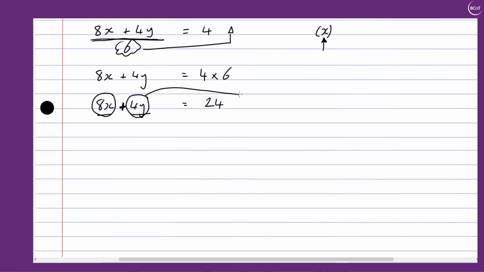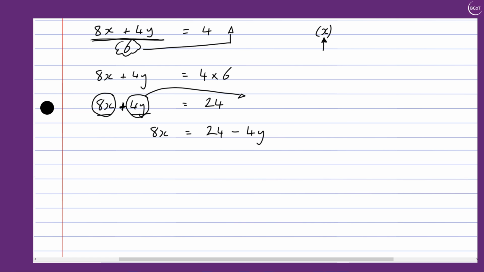So we're going to move it to the other side and change it from plus 4y to minus 4y. So what we end up with is 8x equals 24, and we change the sign of this. It becomes minus 4y.